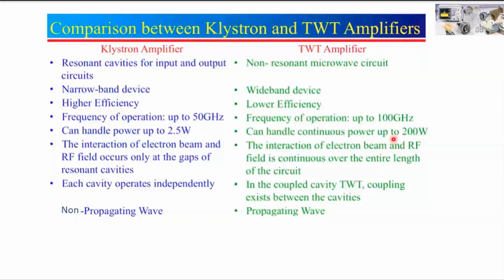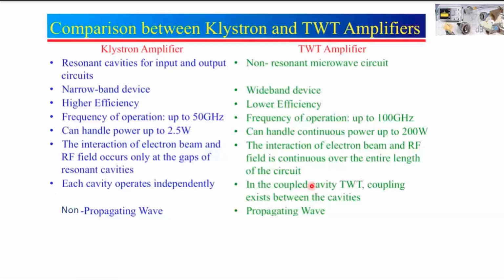In the klystron, the interaction of electron beam and RF fields occurs only at the gap, but here the interaction occurs throughout the helix length. Here you don't have a cavity, so the interaction between the electron and the RF signal occurs throughout the helix length. In klystron, each cavity operates independently.